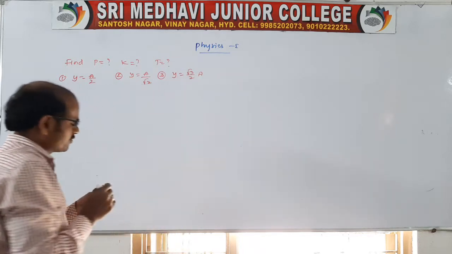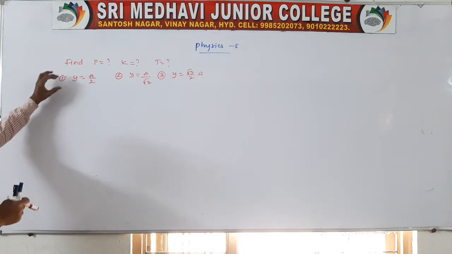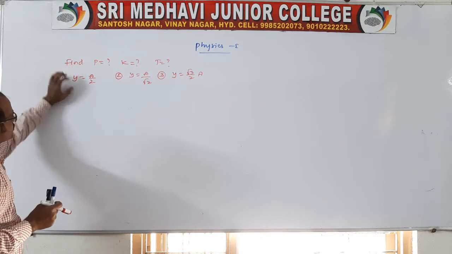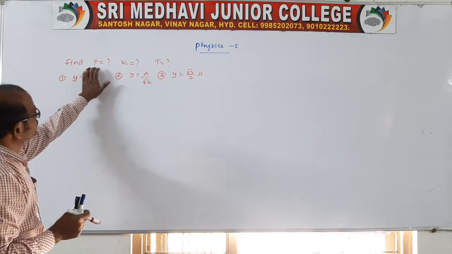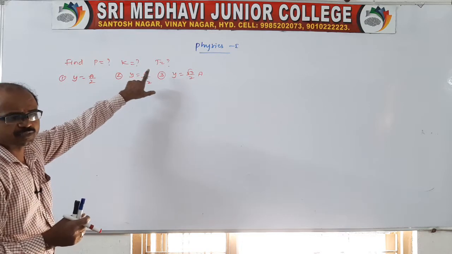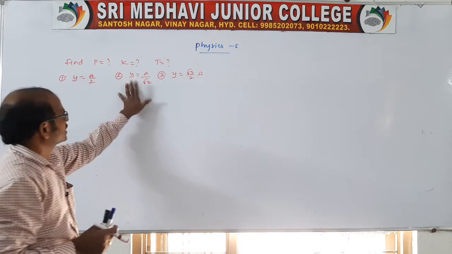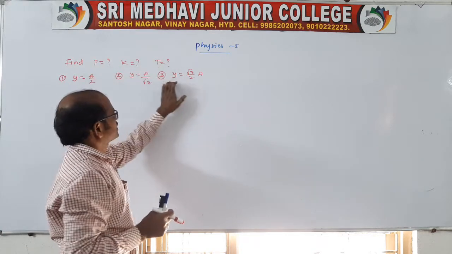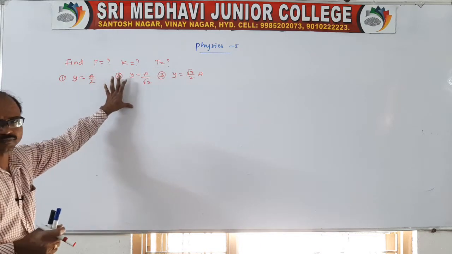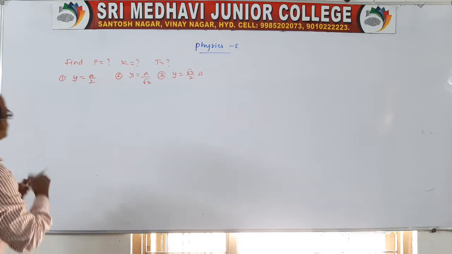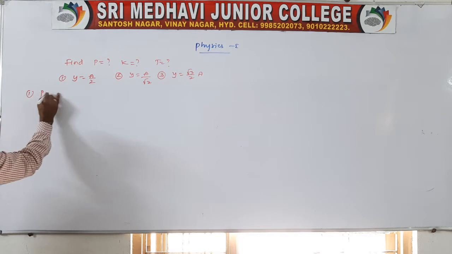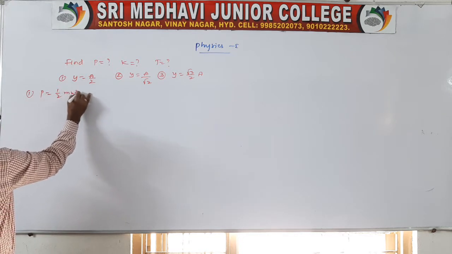For each displacement we should verify all three. Let us look at the first one. You write all the formulas. Potential energy is half m omega square y square.